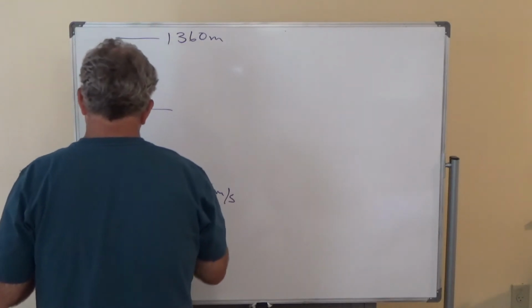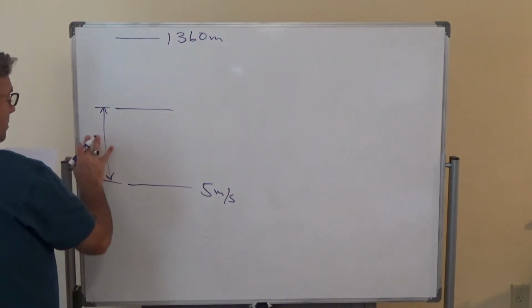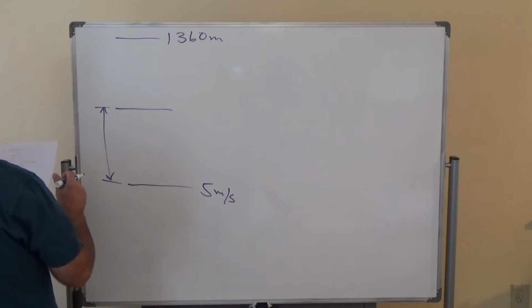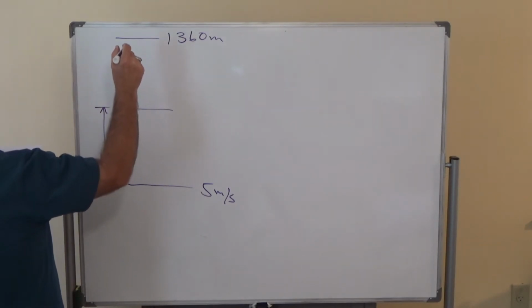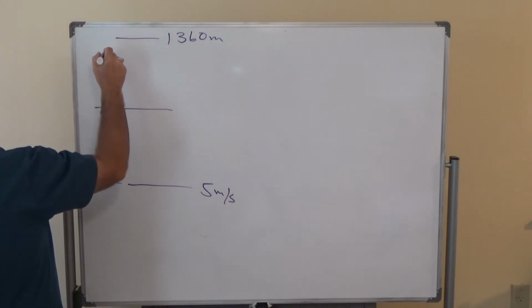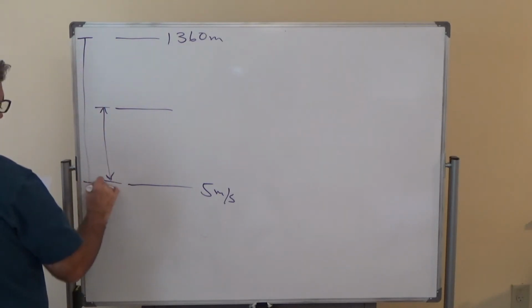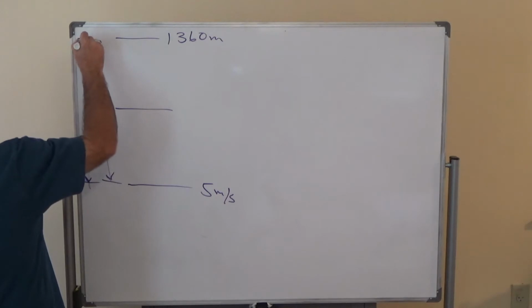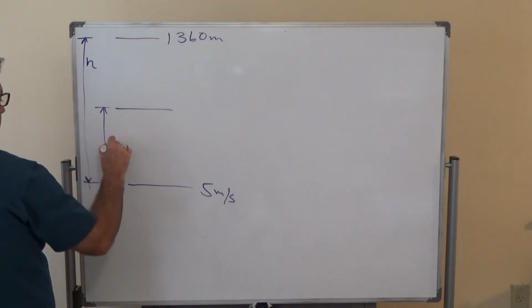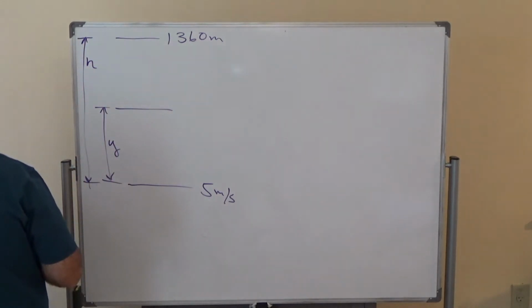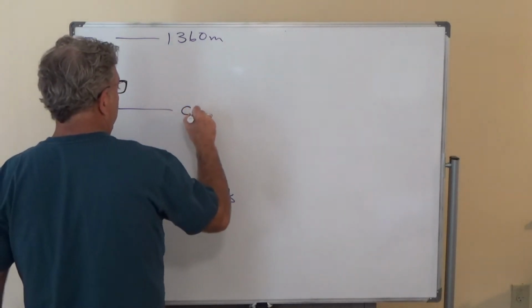Let me change this a little bit. So this height I'll call H, and this height I'll call y. So this is where the chute opens.